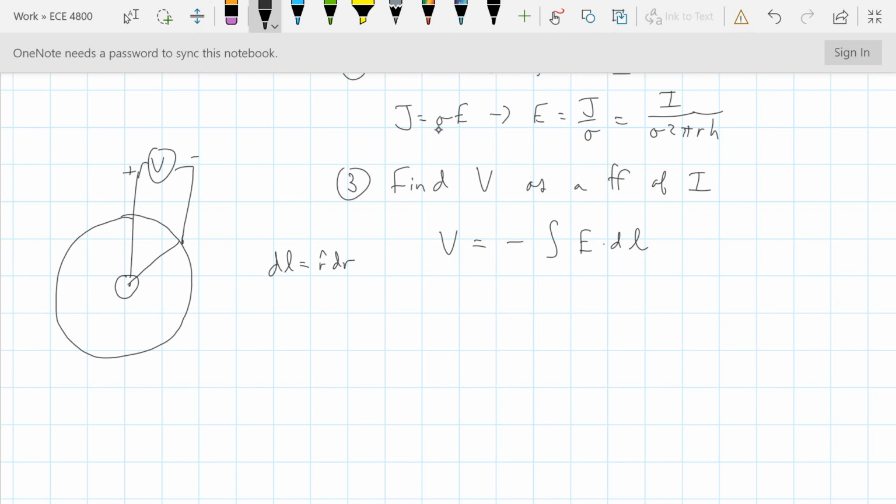And our electric field is going to be what we found up here, I over sigma 2 pi RH. What's going to be the direction of the electric field? R hat, that's correct. Why?